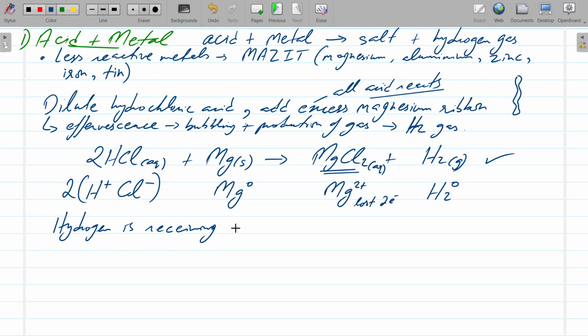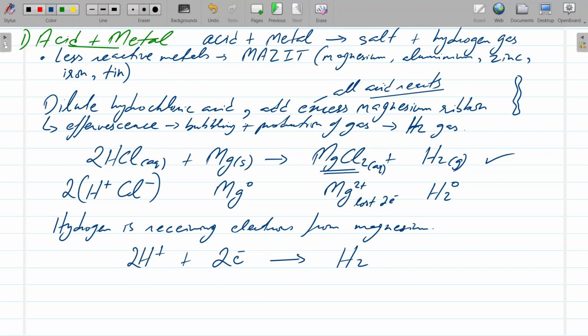So hydrogen is receiving electrons from magnesium. So you've got 2 H+ receiving 2 electrons from magnesium going to H2. That is the ionic equation.